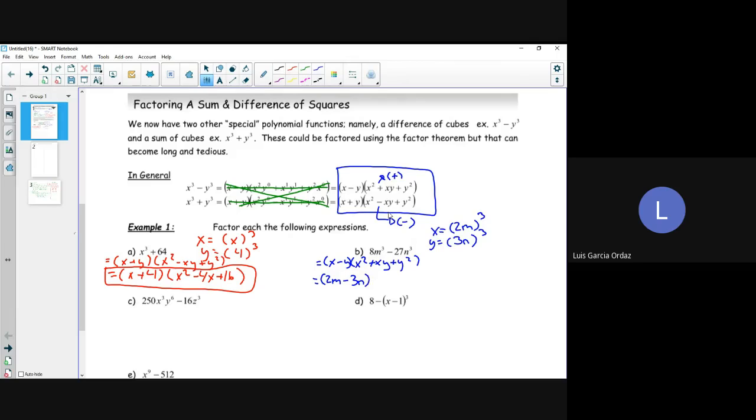So we have 2m minus 3n. Then x squared: 2m squared is going to be 4m squared, plus x times y, so 2m times 3n, which is 6mn, and then plus 9n squared.